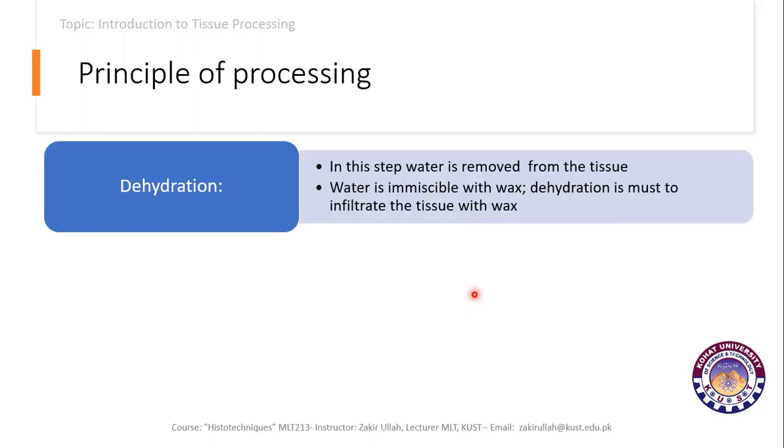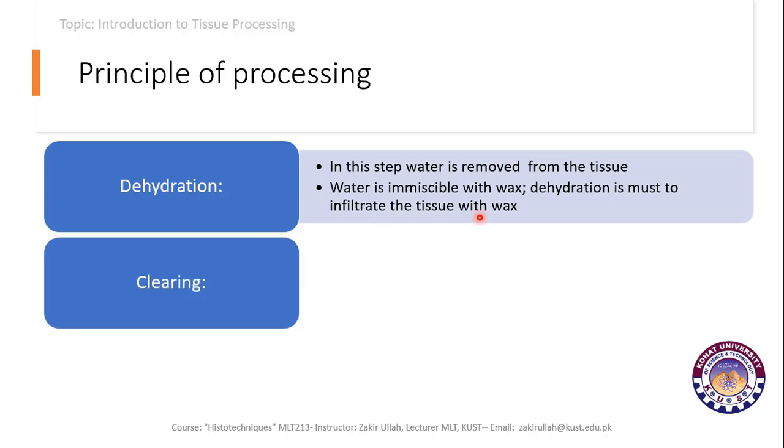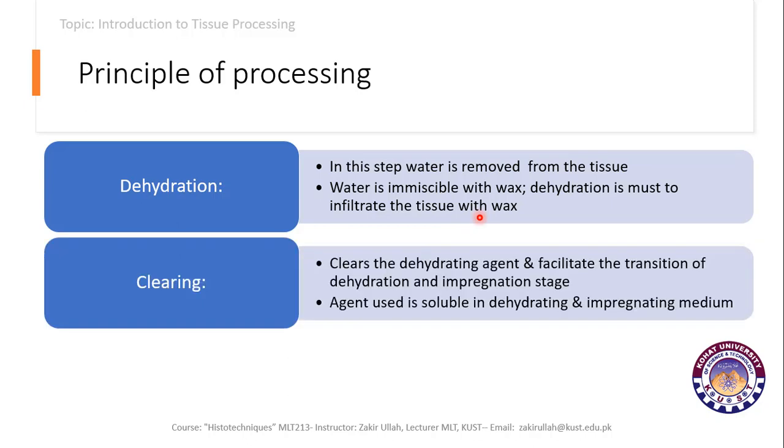In dehydration, the water is removed from the tissue, because water is immiscible with wax. So, therefore, it is removed, and for that purpose dehydration is important. Clearing is the step in which the dehydrating agent is cleared, and this clearing facilitates the transition of dehydration and impregnation stage.